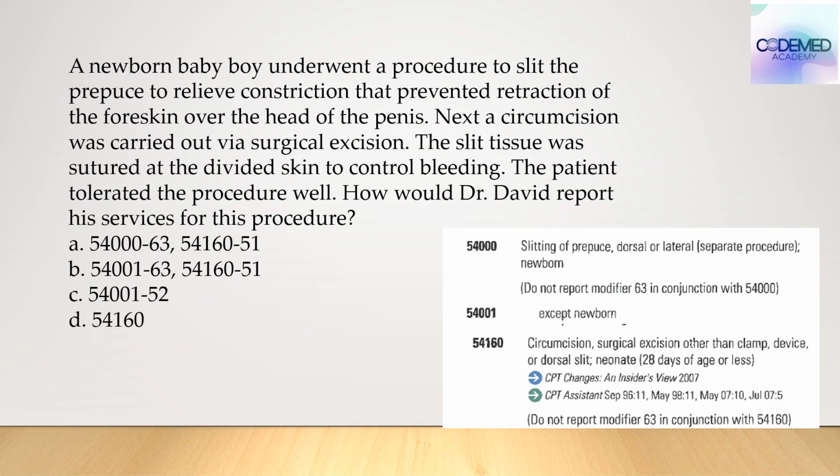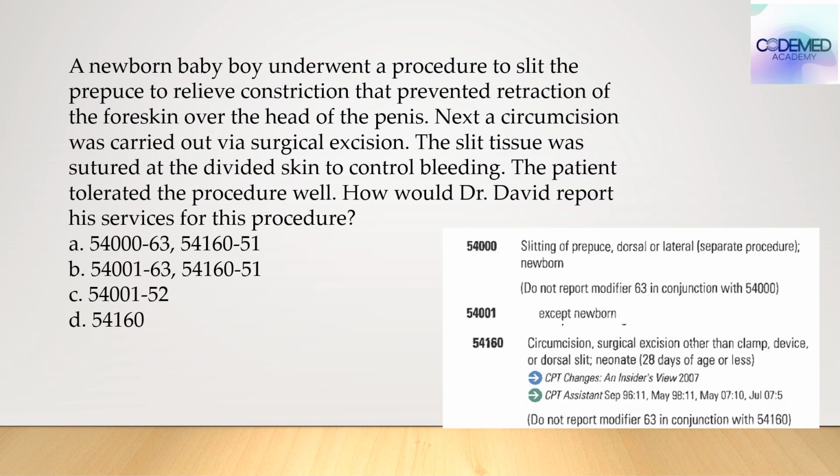So if you see the code 54000, below that there is a note: do not report modifier 63 in conjunction with 54000. That will help me to eliminate option A. And it says except newborn, and our baby is a newborn, so that will eliminate option B also. Now between C and D. C is again not the correct code because it is except newborn.